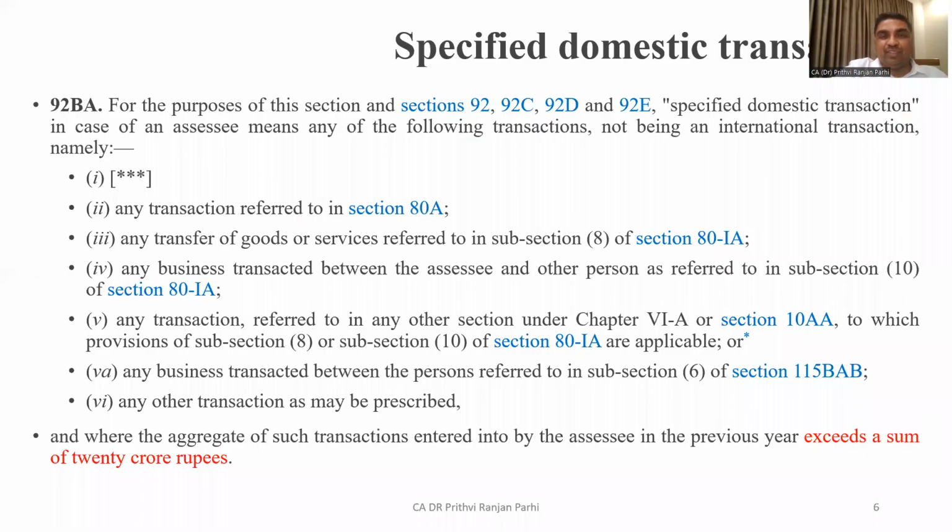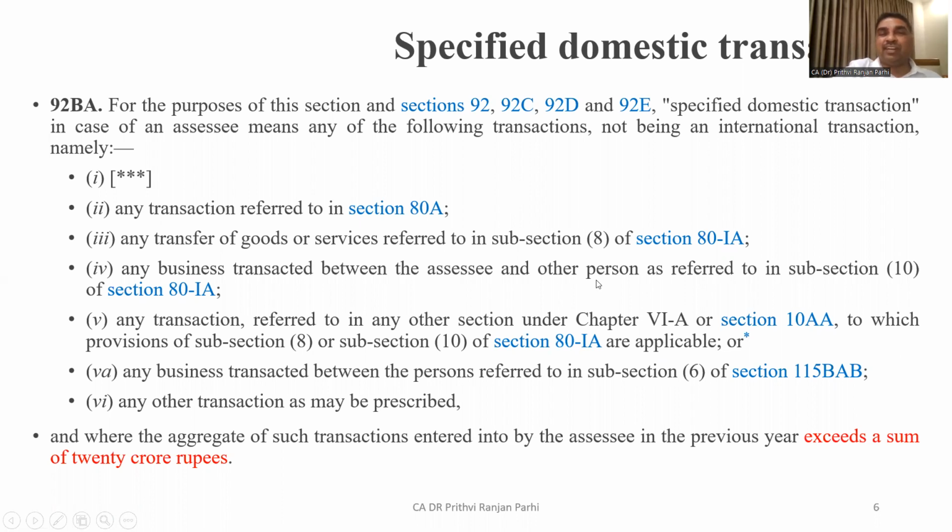If some of you are interested to know what the specified domestic transactions are to which the provisions of transfer pricing are applicable, one may read section 92BA. You can just have a look here. It is talking about certain transactions which are specified in section 80A, 80IA, section 10AA. Some transactions are mentioned under these sections.